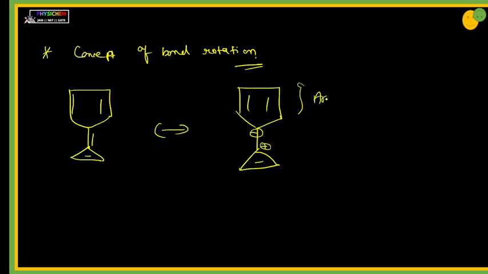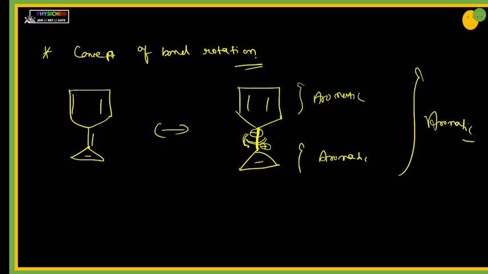This is also aromatic, and this is also aromatic. So the whole compound is an aromatic compound. So it is very easy to rotate, because this single bond is easily rotated, okay, about the axis.